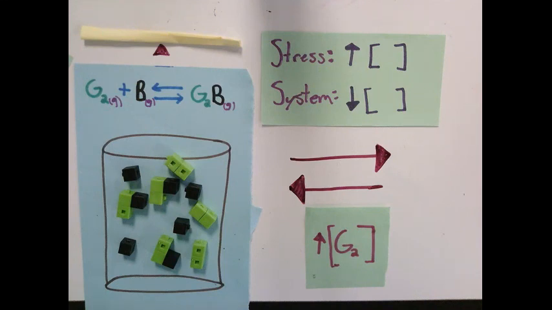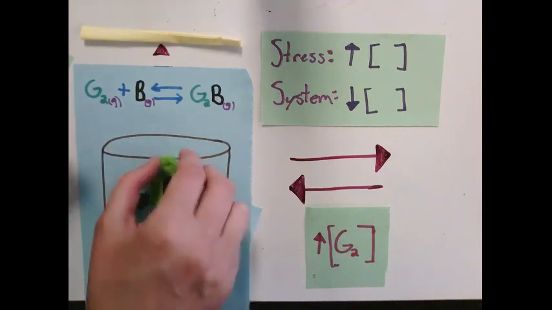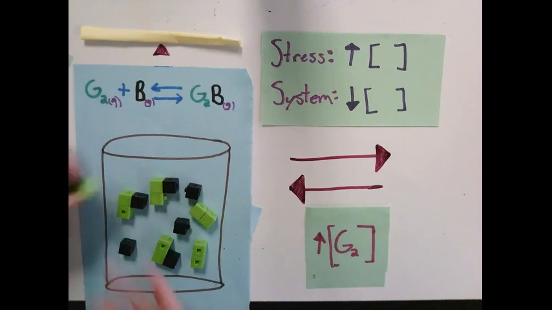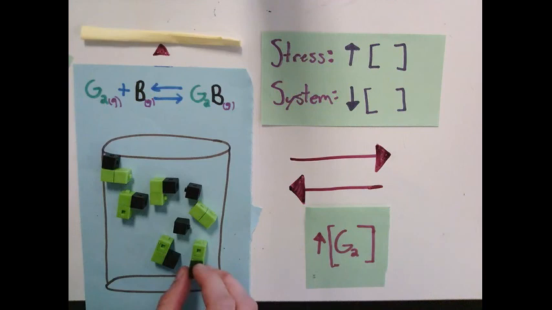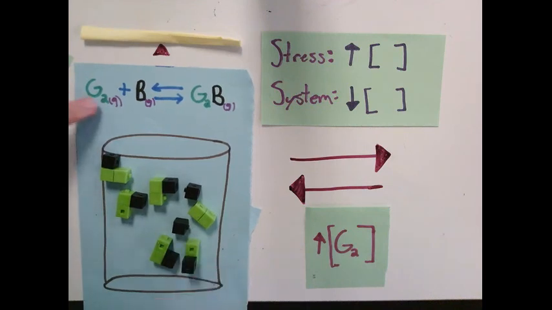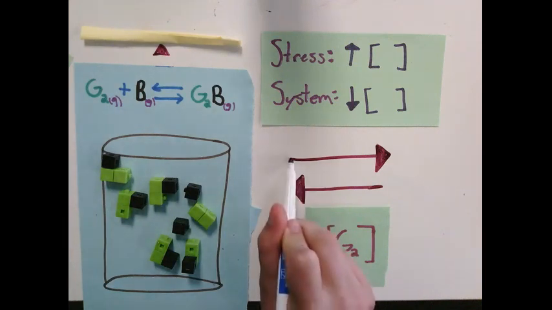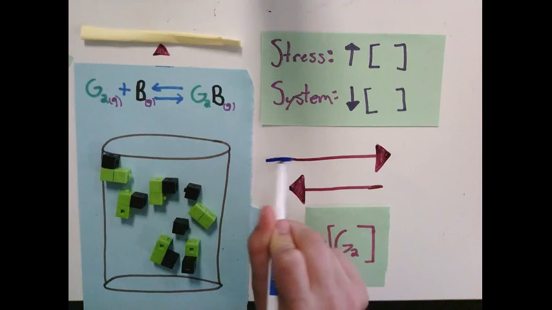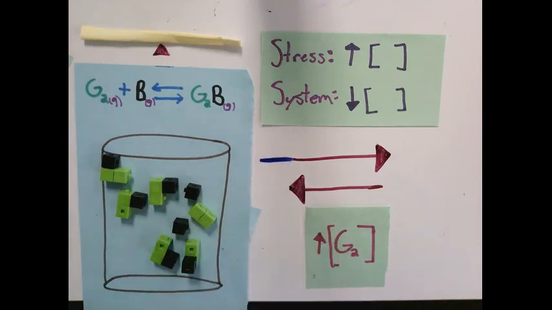It would cause the G2 to collide more often with the B's, causing the forward reaction to get stronger. How we can represent that is I can make my forward arrow longer. Now if I were to add those 2 arrows up, they cancel each other out if they're going in opposite directions.